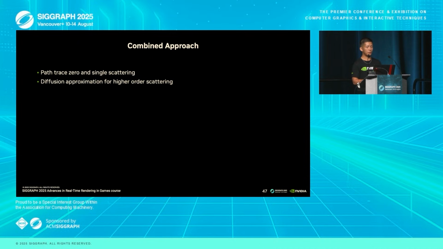Our approach accurately captures zero and single scattering through ray tracing, giving us the detail and the directionality of a full random walk for those very critical first events. For multiple scattering, we use a diffusion approximation to add the soft, smooth lighting those higher bounces would produce. Tracing limited bounces is much cheaper than unknown bounces, while diffusion evaluation remains very fast.